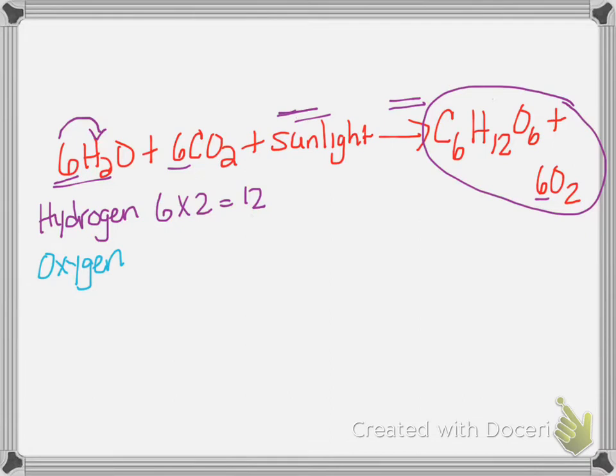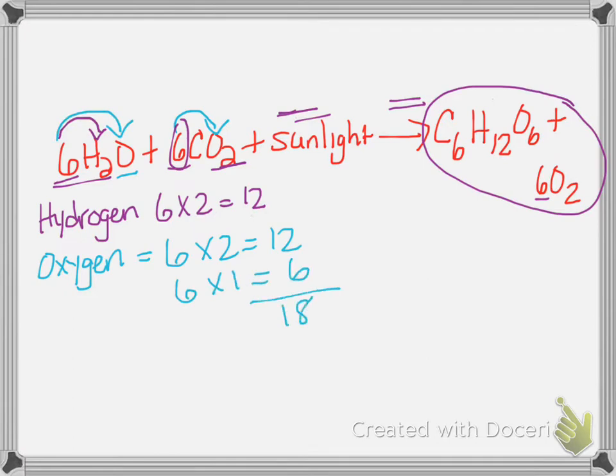Then I wrote out oxygen, and I have 6 as the coefficient, and we're timesing it by the subscript 2, and that's giving us 12. Then we have another 6 on the other side with this coefficient, and an oxygen there, so 6 times 1 is 6, and that makes 18.